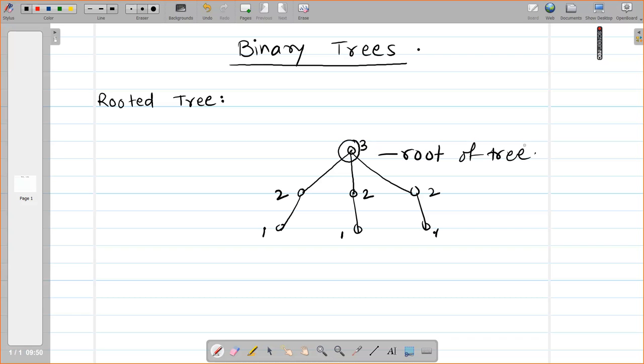Okay, so you can write down this definition.